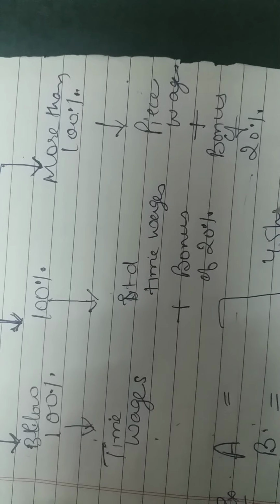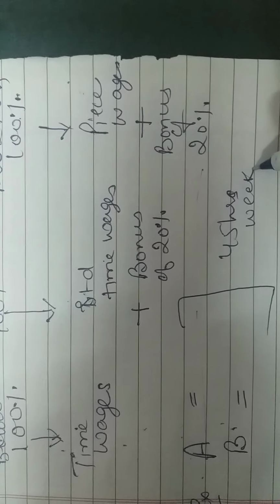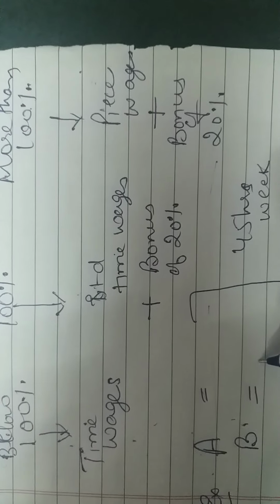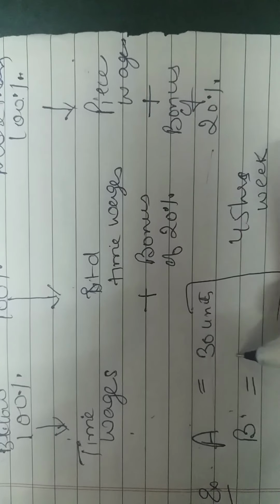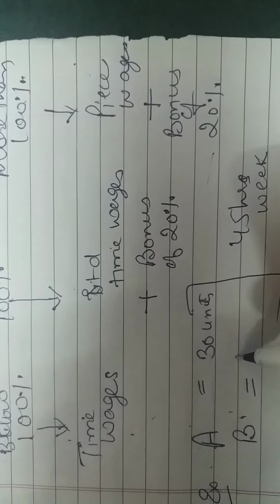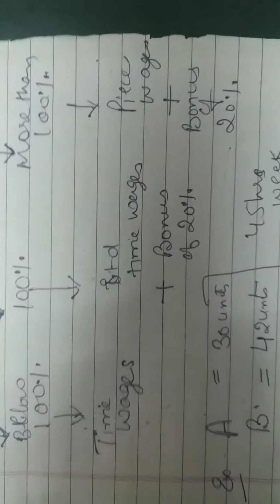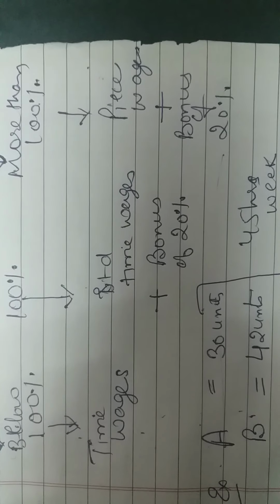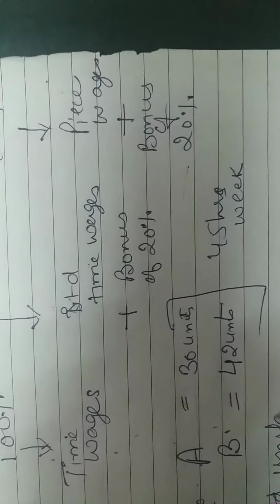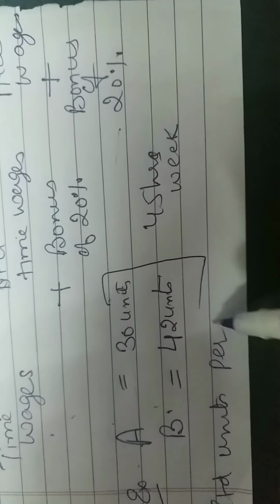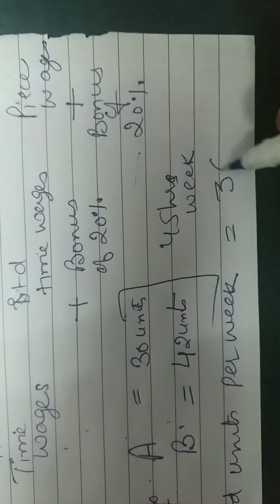In a 45 hours week, A is producing 30 units, and comparatively, B is producing 42 units. And the standard units per week which are required to be produced are just 36.